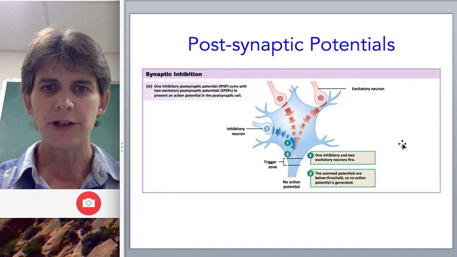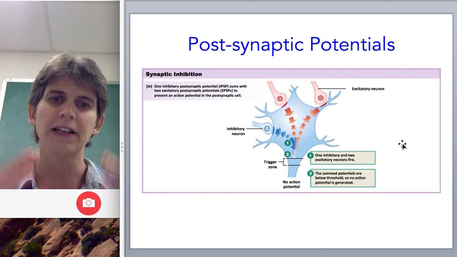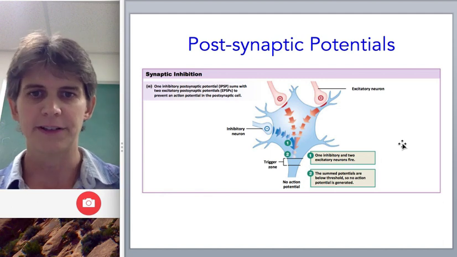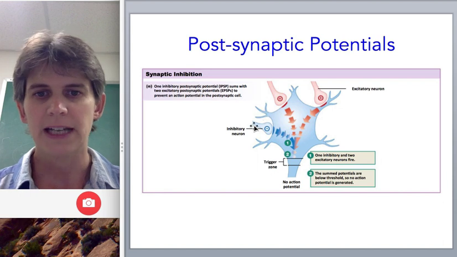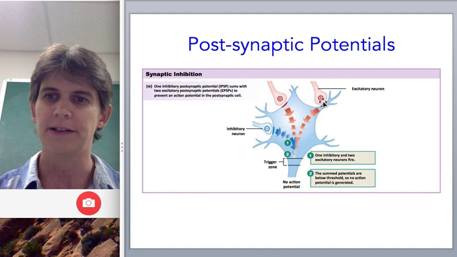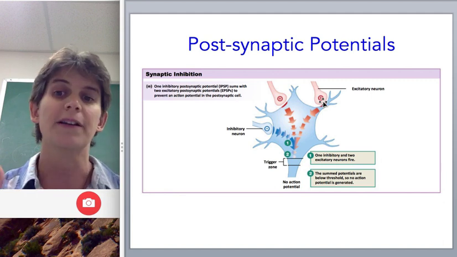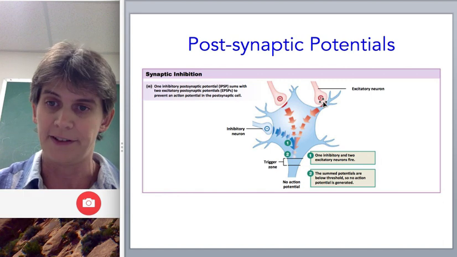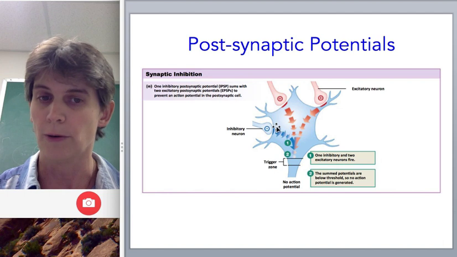So imagine this blue cell here is the postsynaptic cell, and the little extensions here are these little dendrites coming off of it. In this example, we have 2 excitatory inputs, that is, cells that are going to release excitatory transmitters, ones that are going to depolarize the cell to produce EPSPs, and 1 inhibitory neuron.